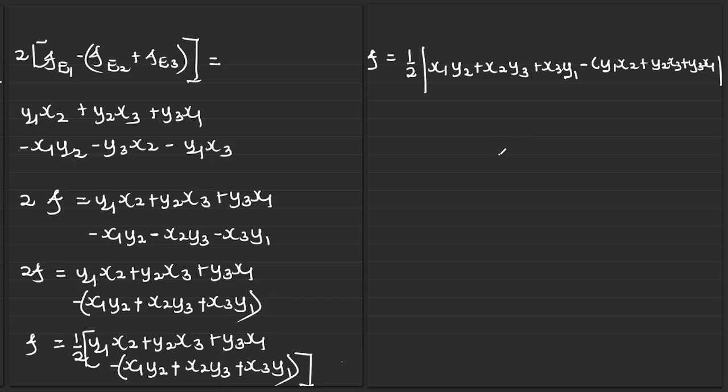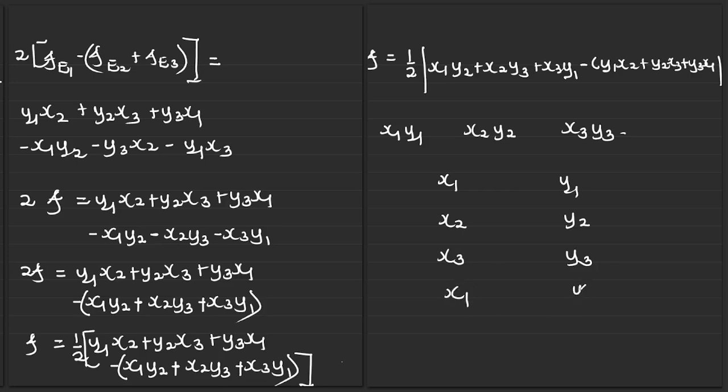For a set of points, let's take a triangle for instance, with points x1, y1, x2, y2, and then x3, y3, all we want to do is to write them vertically, so that you have x1, y1, then x2, y2, and then x3, y3. Then you end again with the first one, x1, y1.